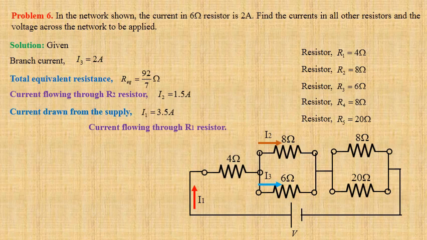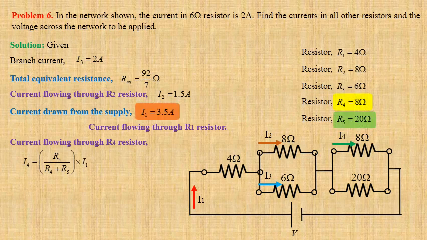Using current division rule, let us calculate current flowing through resistor R4. I4 equals R5 divided by R4 plus R5 into I1. Using values we get 20 divided by 8 plus 20 into 3.5, that gives us 2.5 ampere.